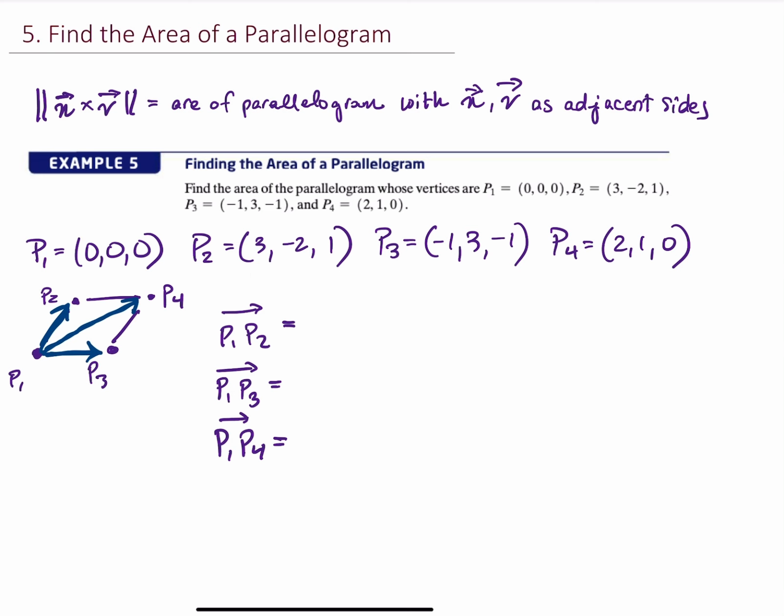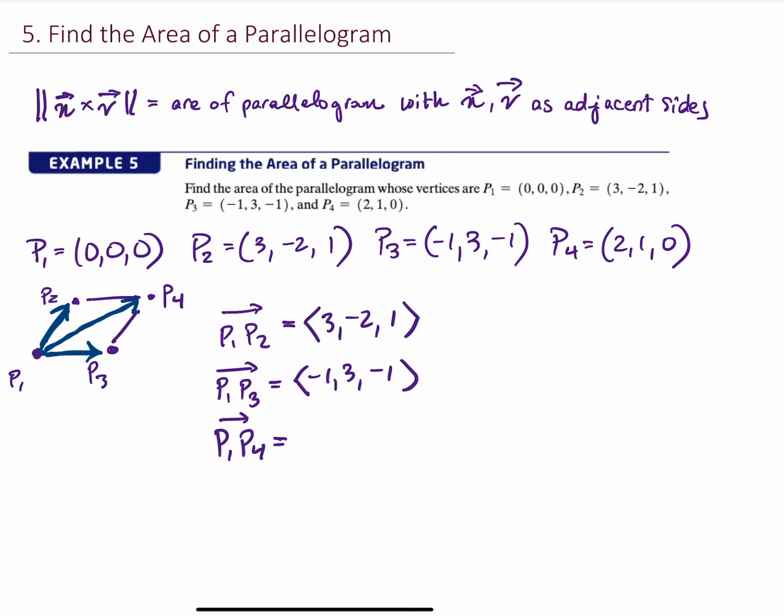Meaning the vector going from point 1 to point 2 should just be the vector 3, negative 2, 1, or 3i minus 2j plus 1k, because we're technically saying 3 minus 0, then negative 2 minus 0, and then 1 minus 0. So that means the vector from point 1 to point 3 should be negative 1, 3, negative 1.